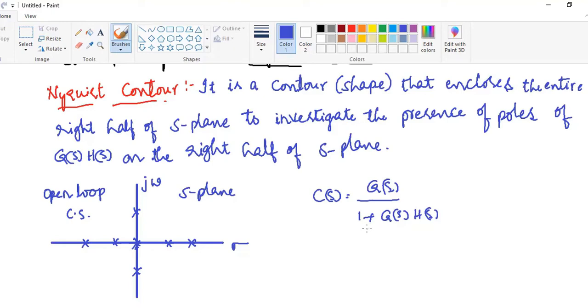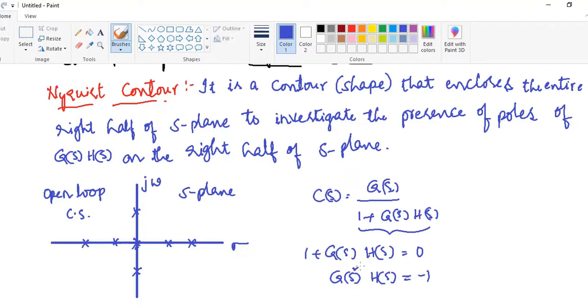In order to obtain the poles of this closed loop transfer function, we have to equate the denominator polynomial to 0. That is, 1 plus G(s)H(s) equal to 0. Then G(s)H(s) is equal to -1.